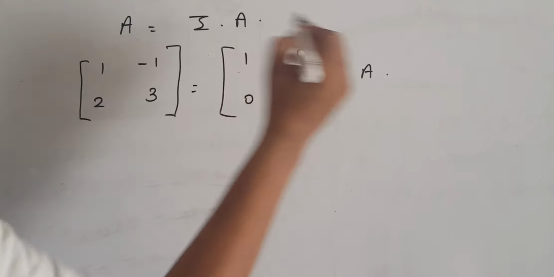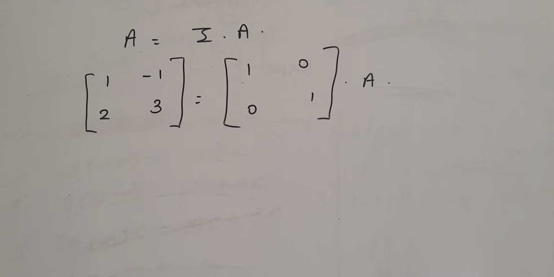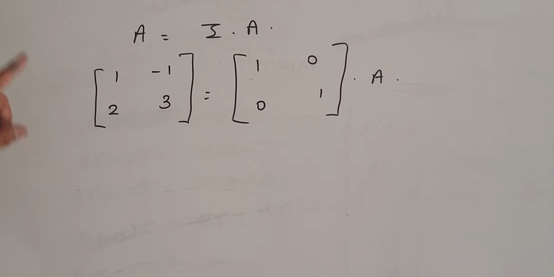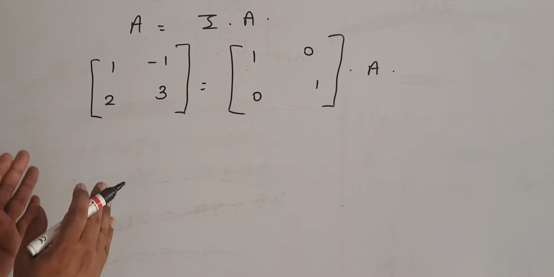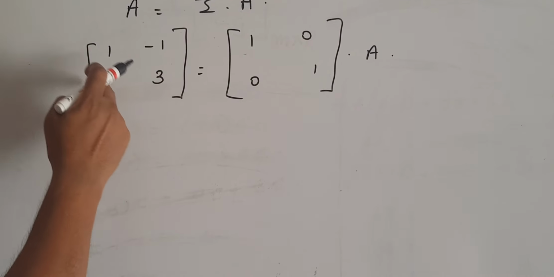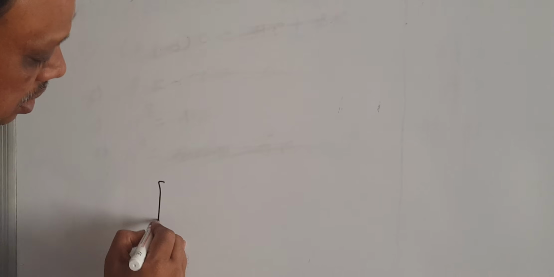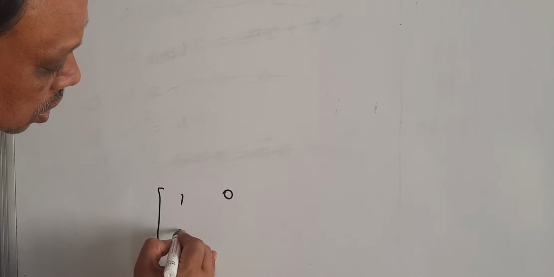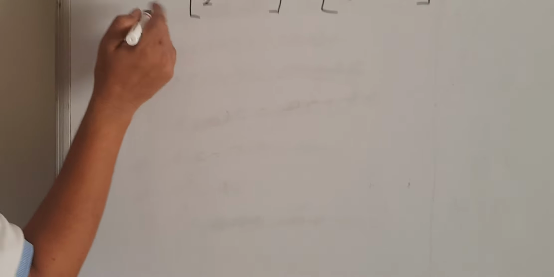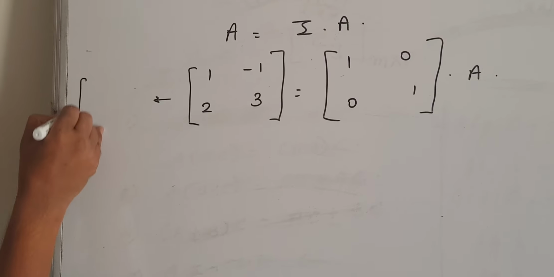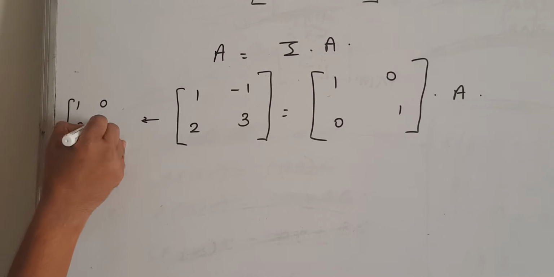This A we keep as it is. Is that okay? Now by using elementary operations we have to turn this matrix into 1 0 0, so we have to change this one like this, 1 0 0.